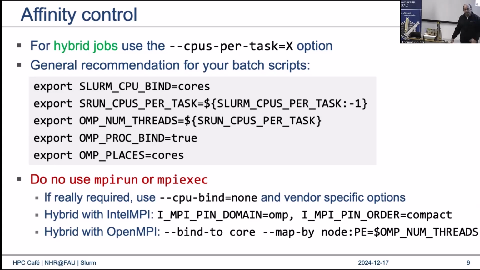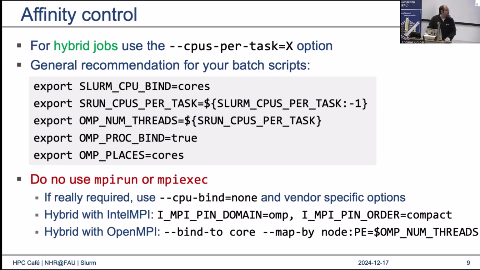So you hand over the binding mechanism to the actual MPI implementation, and Slurm doesn't interfere with that. That unfortunately doesn't mean that Slurm doesn't apply anything. In some cases, Slurm overrides this and tries to be clever. Nothing to do there. That's Slurm.